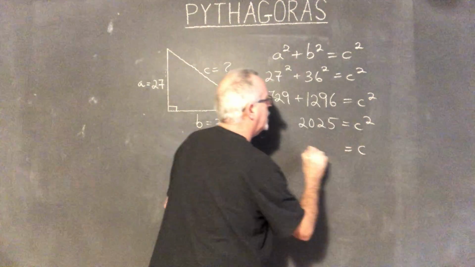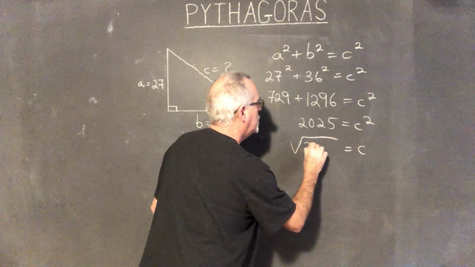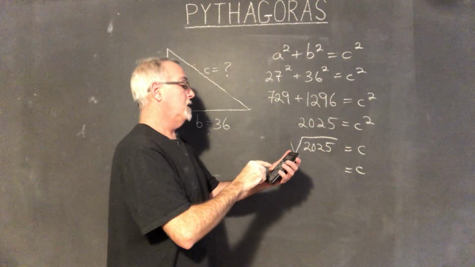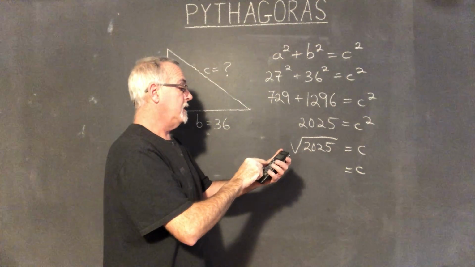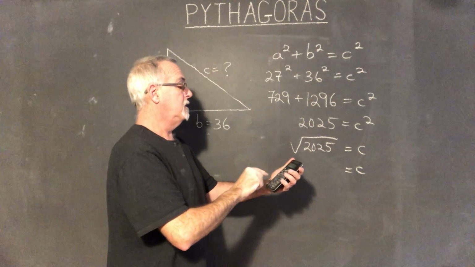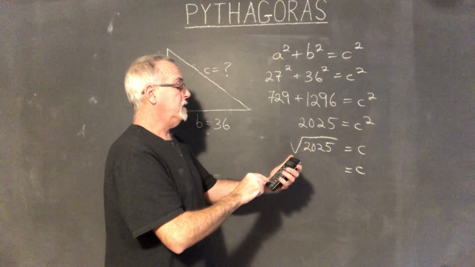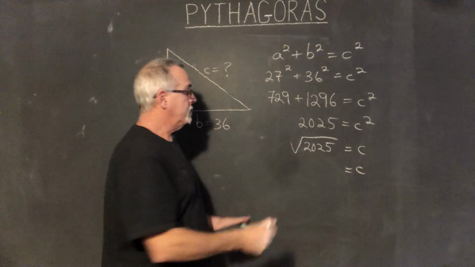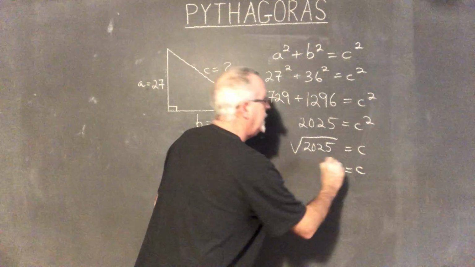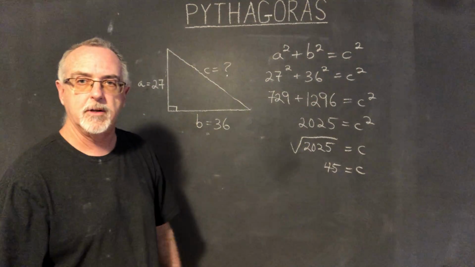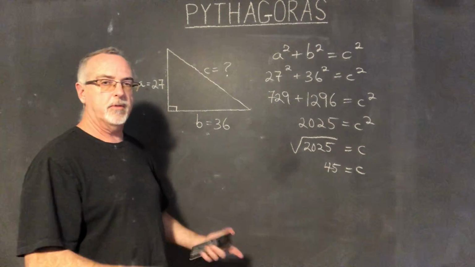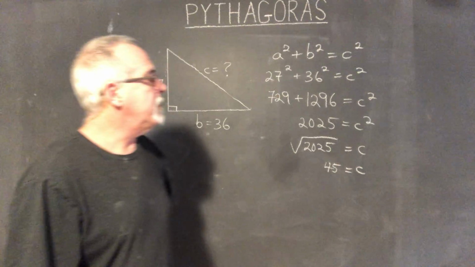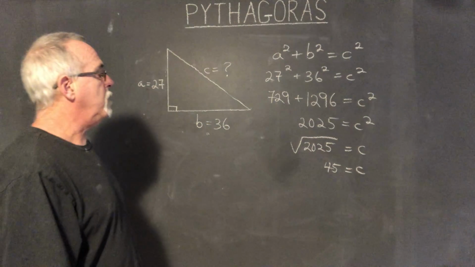I can write that like this. Therefore c is equal to, let's square root that on the calculator. 45. Now over there in my list of beautiful sets of numbers that are all multiples of 3, 4, and 5, where I had 27 and 36, the other number was 45. So I knew that would happen.